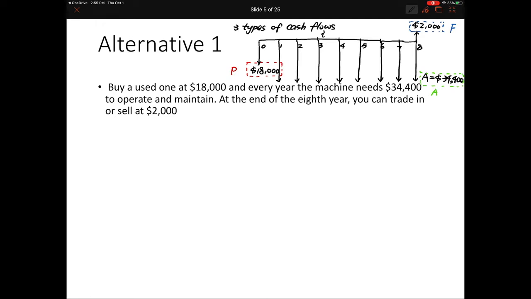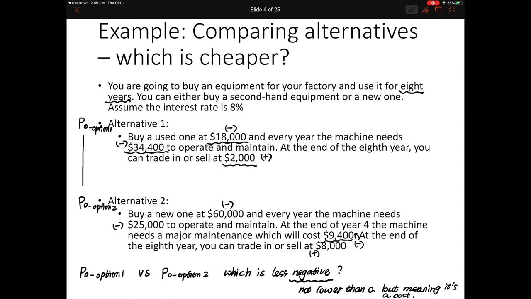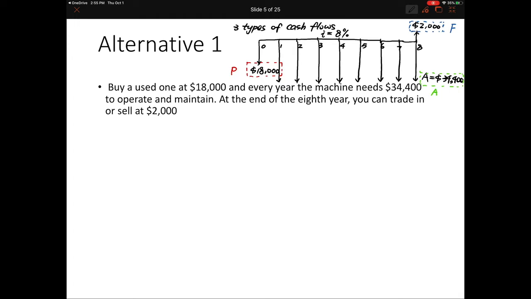So now we need to write the interest rate, which is 8%. That should be given in the problem statement. Let me see if it's given. Yeah, it's 8%.